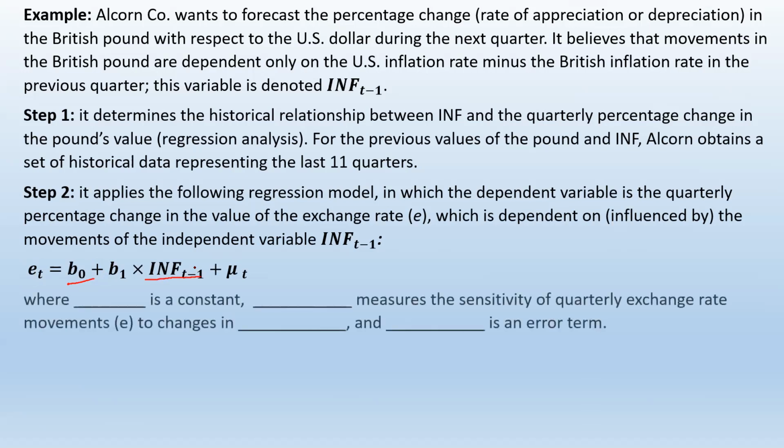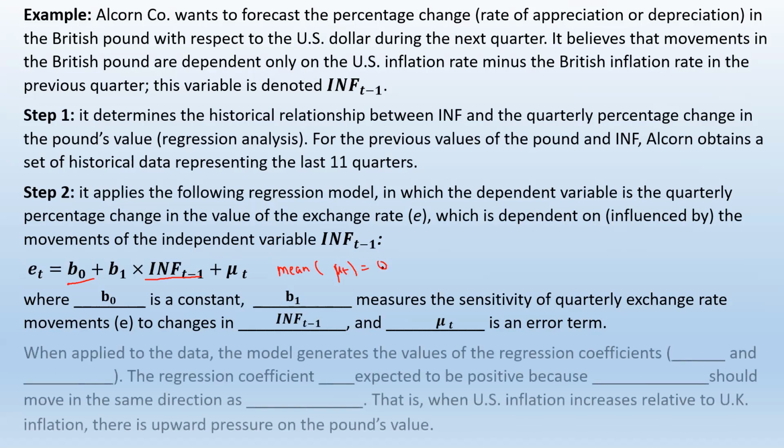B0 is a constant, the intercept. B1 is the coefficient on the inflation rate. And finally, mu t is the error term. Remember the mean of mu t equals 0, so usually after we do the regression, we just ignore it.